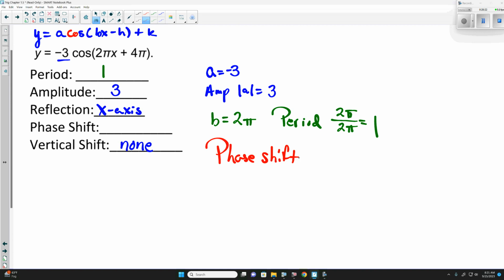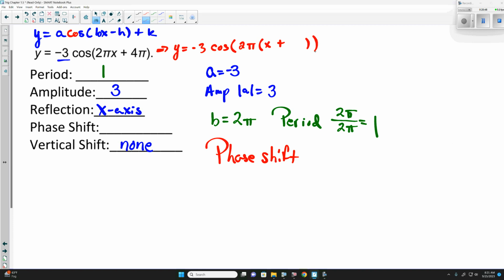Now there's two ways we can go about getting the phase shift, our last bit. One of them is we can rewrite this equation and factor out the 2 pi from both terms. If we factor it out from 2 pi x, we just have x plus.